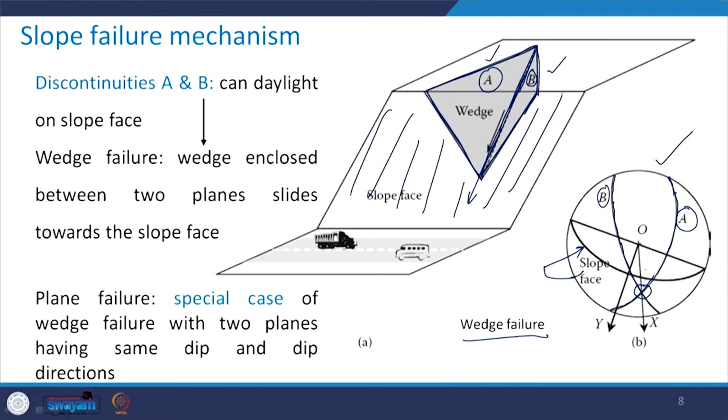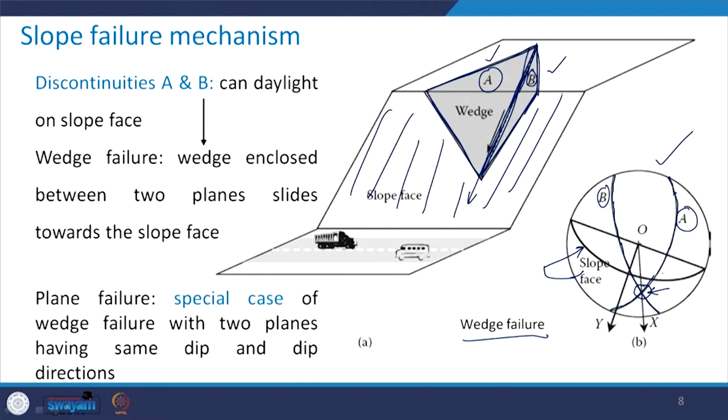I mentioned to you that a line in 3D will be shown as a point in 2D. So, the line of intersection of these two planes A and B, which is this line, is shown by a point here where both these great circles are intersecting each other.